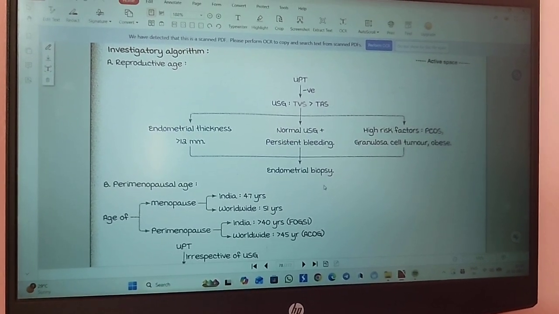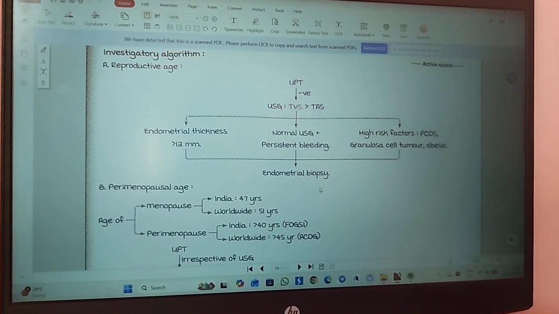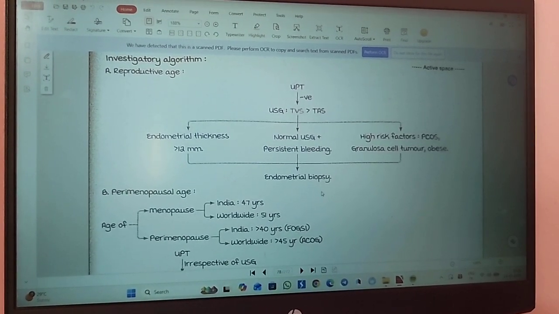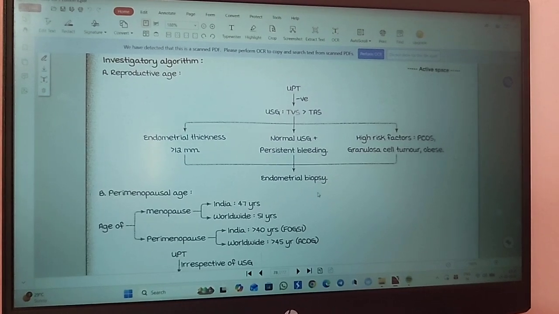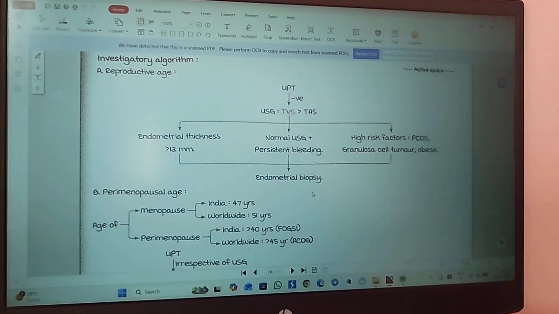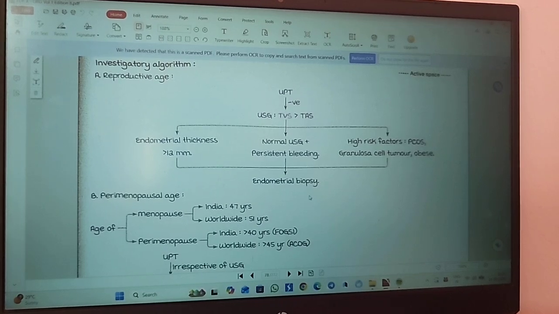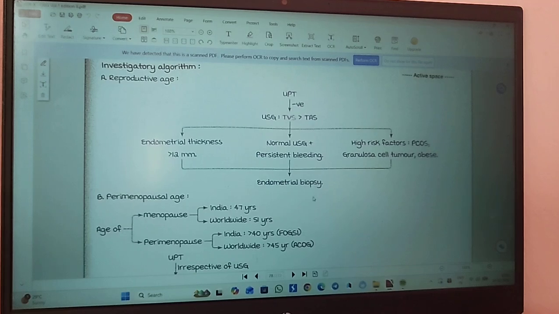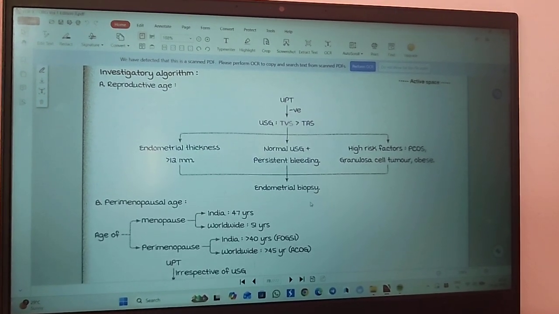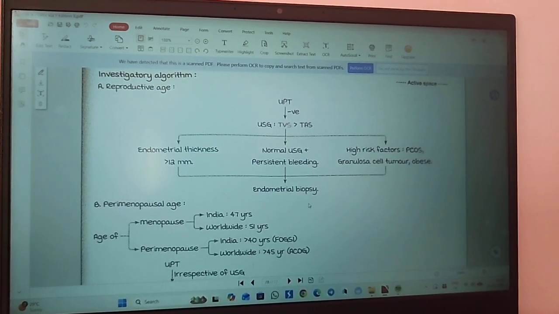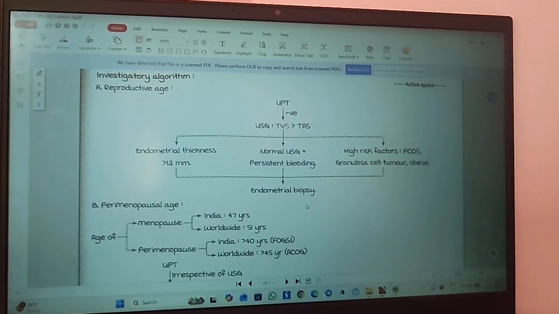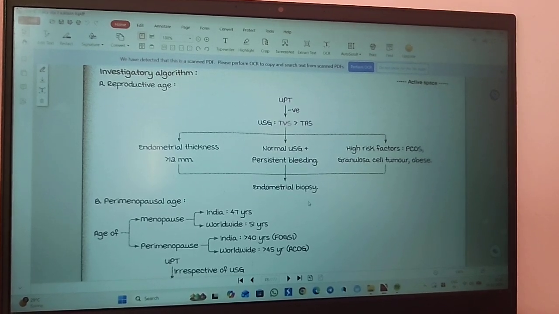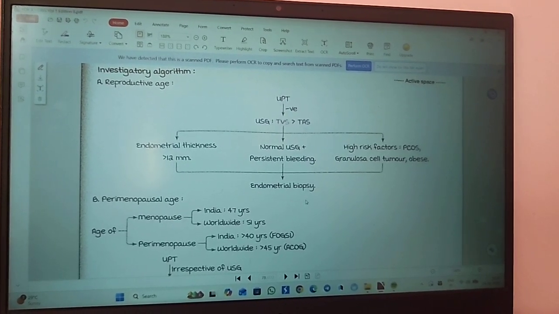In TVS, if the endometrial thickness is greater than 12 millimeter, or we get a normal ultrasound but there is persistent bleeding, or high risk factors are there, like PCOS or granulosa cell tumor, or the person is very obese, then in these conditions you should look for endometrial biopsy.